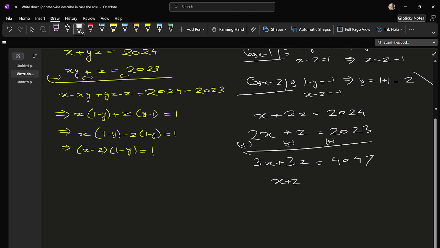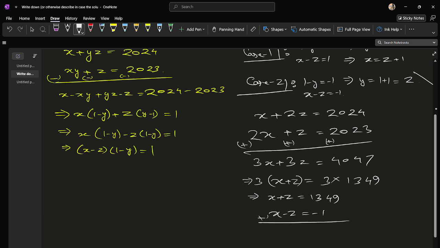After that, we can take 3 common from this. So 3 into 1349. Our x plus z will be 1349, and we again have x minus z equal to minus 1.